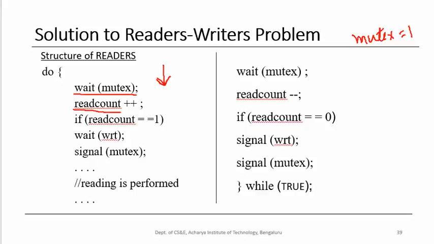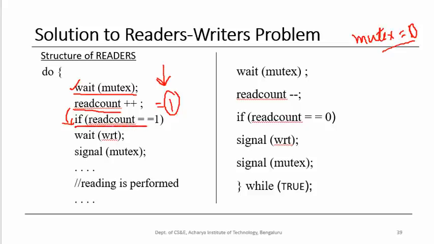Initially the read count will be equal to 0 because no reader process is reading from the database. So this first reader will see the mutex as 1 and make it 0 and enter into this statement, that is, it makes read count equal to 1.